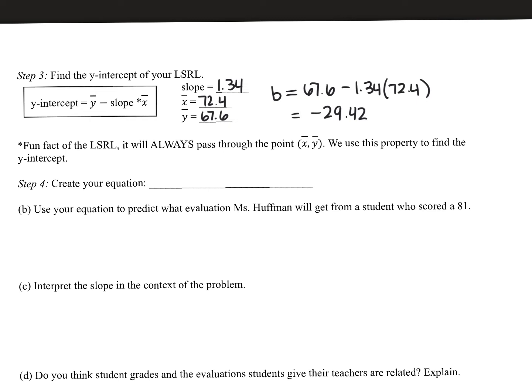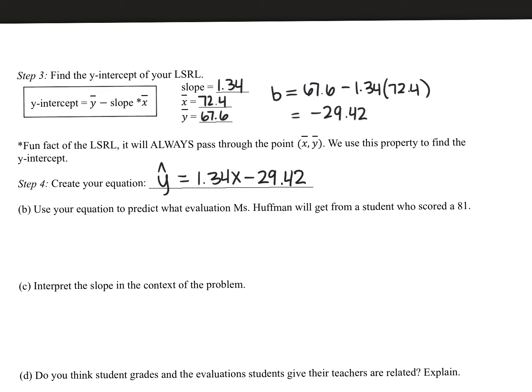So now that we have the slope and the y-intercept, we can write our equation. y hat equals 1.34x minus 29.42. And now that we have this equation, we can use it to predict values that aren't in our data set. We can also use it to predict values that are in our data set to determine how close our equation is.